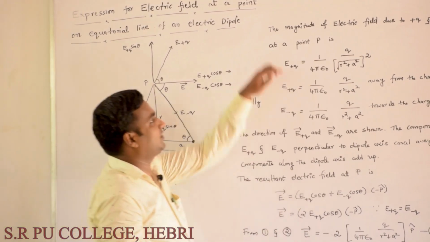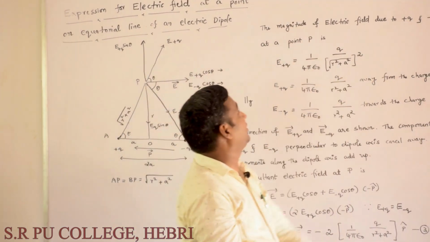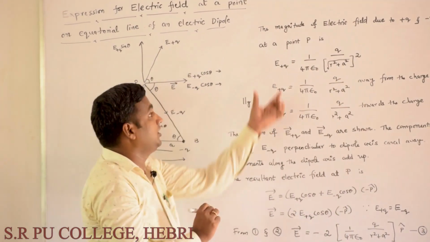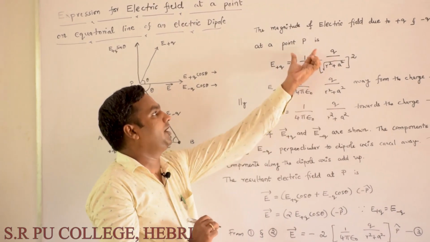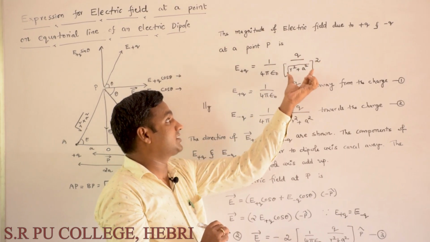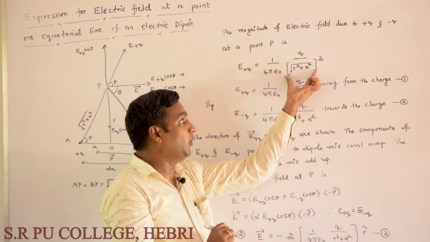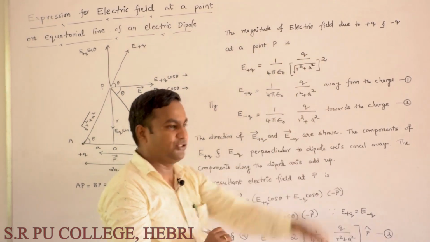By using this, the magnitude of the electric field due to plus Q and minus Q at point P is: E plus Q is equal to 1 divided by 4 pi epsilon naught, times charge Q, divided by the distance, square root of R square plus A square, whole power 2.